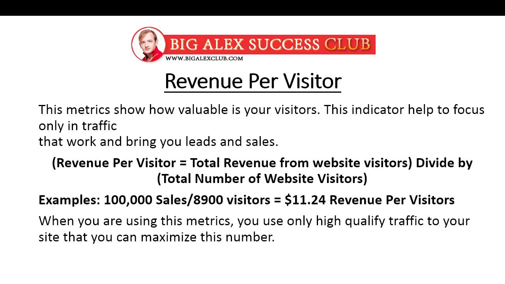Example: 100,000 in sales divided by 8,900 visitors equals $11.24 revenue per visitor. When you use this metric, you use only highly qualified traffic to your site so that you can maximize this number.